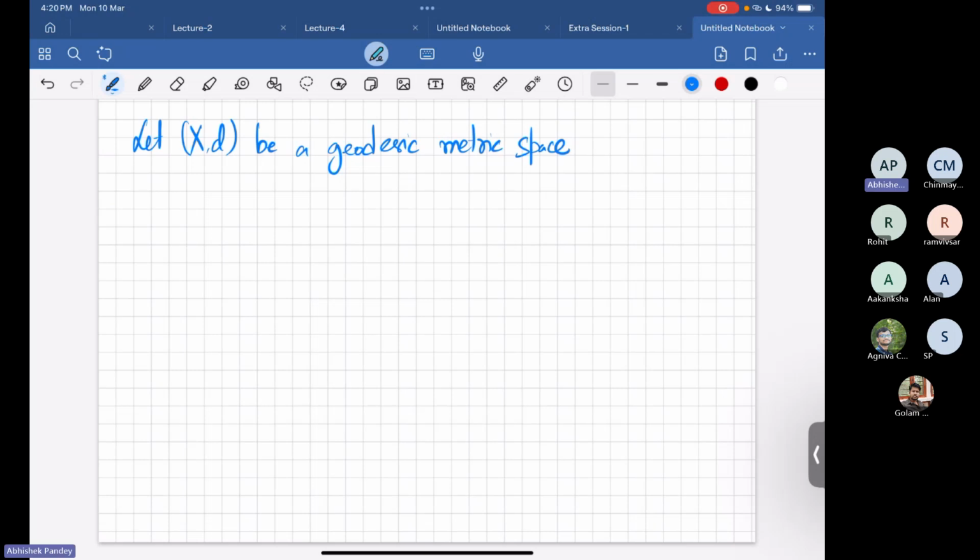And so I will define the comparison for distance function.